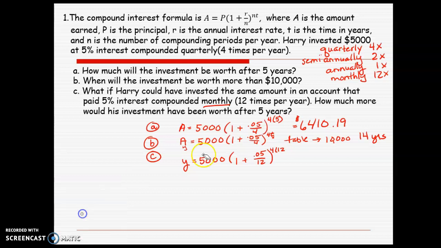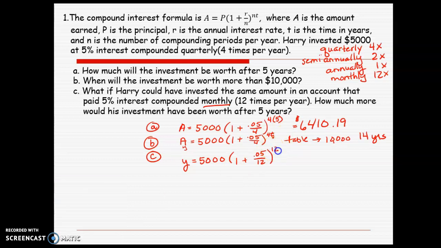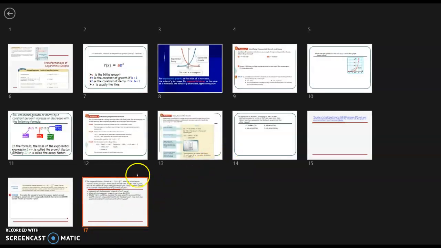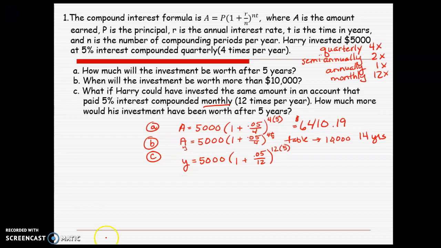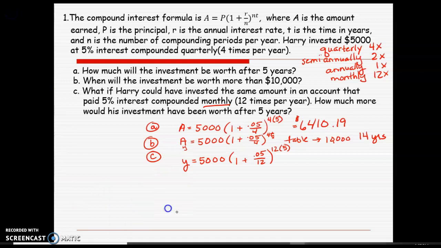The 12 is the number of times per year, so you'll have 12 times 5. So we'll go back to Desmos and put that in and get our answer out.